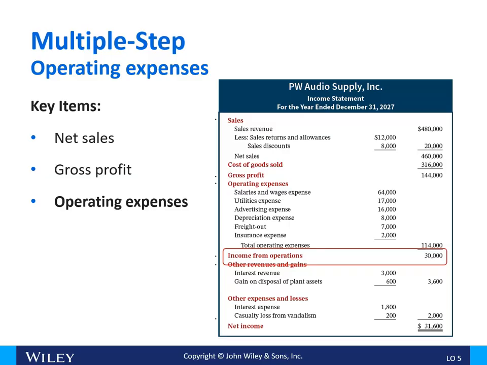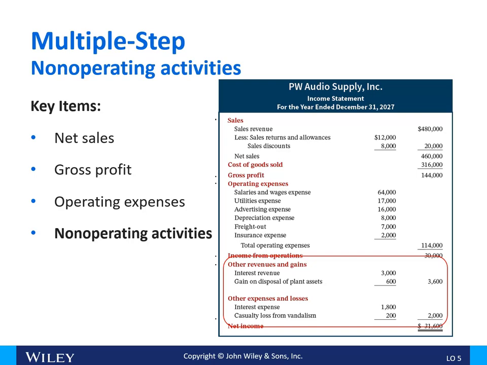And then finally, we have other revenues and gains and other expenses and losses. These are things that are non-operating. So it's activities and transactions that the company has, but they don't directly come from our operating activities.